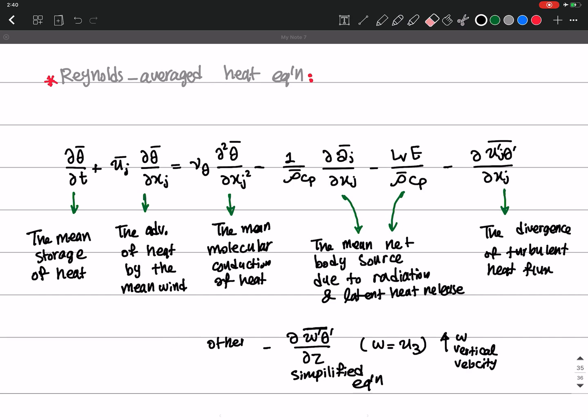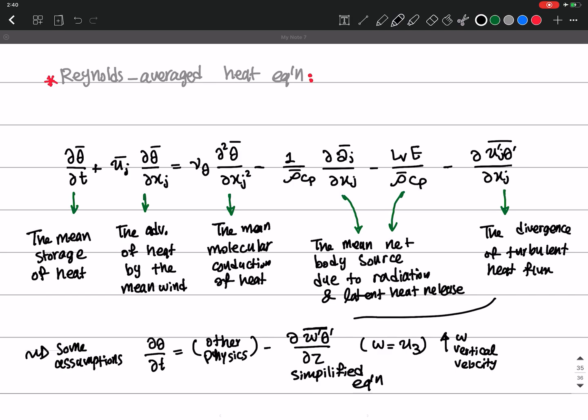So if you make some assumptions, then we can write partial theta over partial t is other terms or other physics that we can neglect minus this term, which comes from here, the divergence of turbulent heat flux.